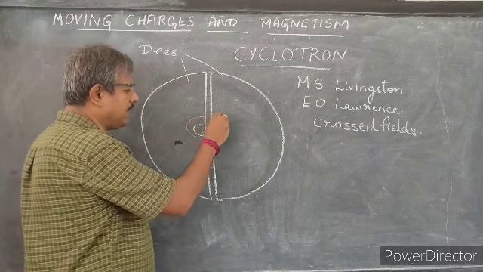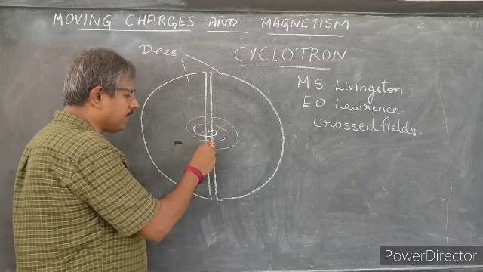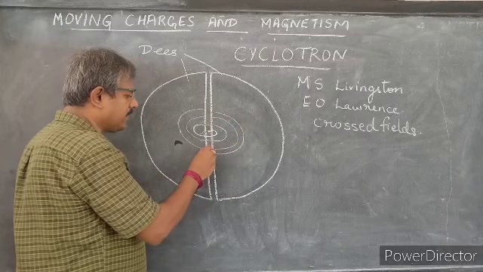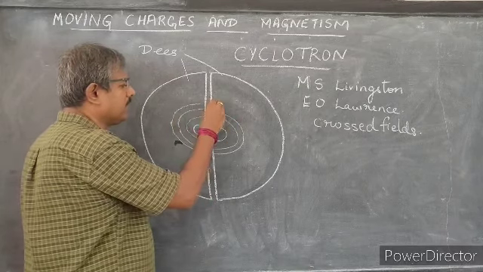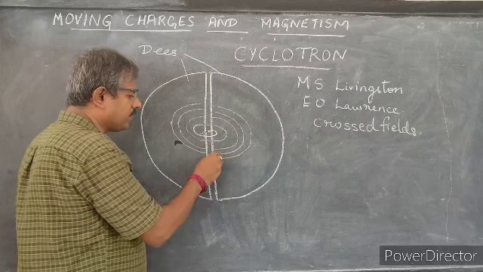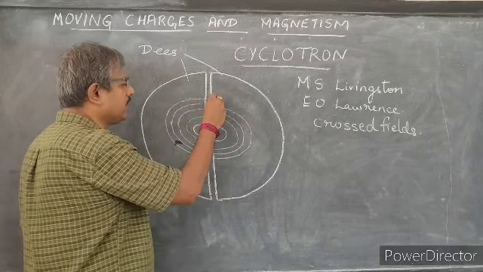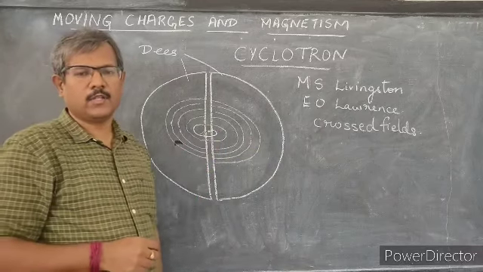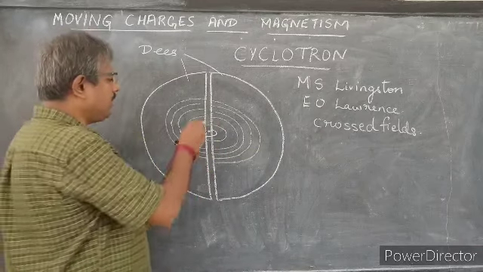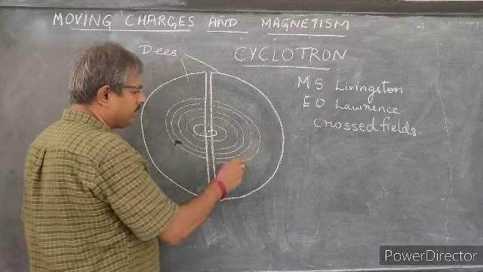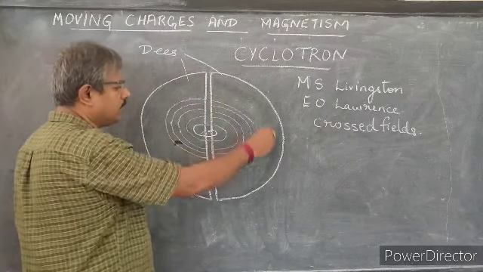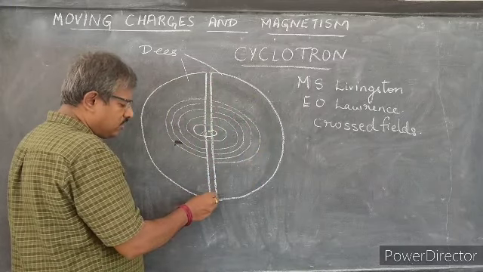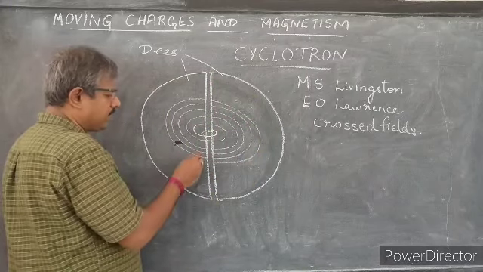So effectively, after each revolution the particle is going further and further away from the point where it was dropped. Eventually the particle moves round and round until it reaches the very edge of the disc.